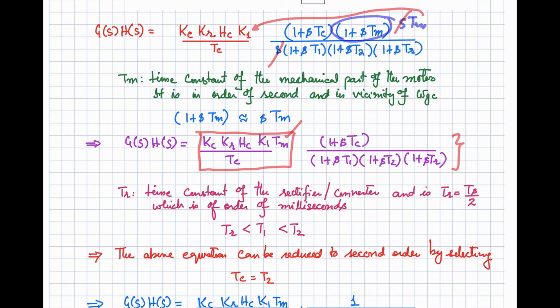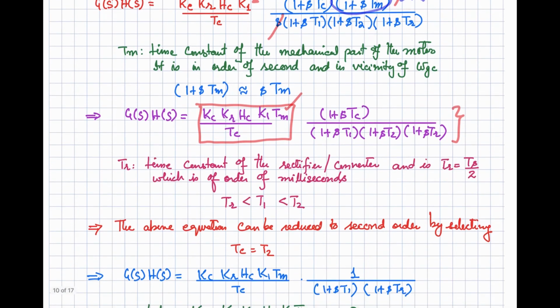Okay, now the next approximation that we can make is for this TR. Just look at this TR. This is the time constant of the rectifier or the converter that you are using in your drive, and how do we get that one? This is basically the total switching cycle divided by 2 if it is a DC to DC converter, and usually it is in the order of milliseconds.